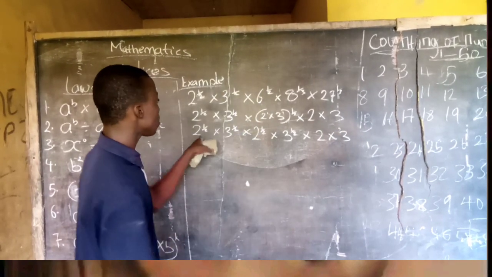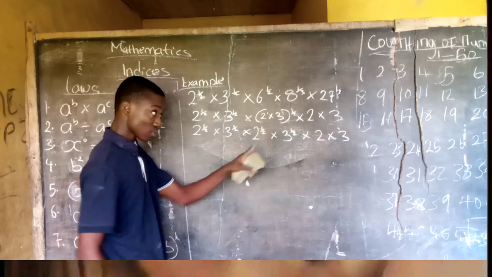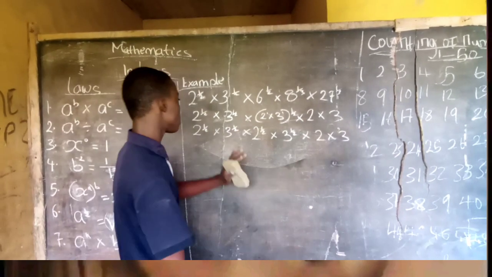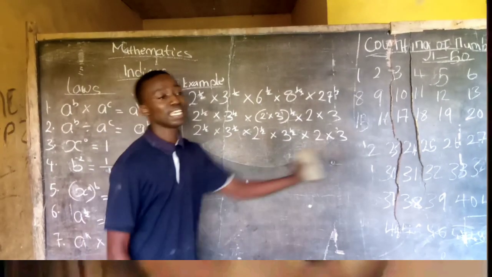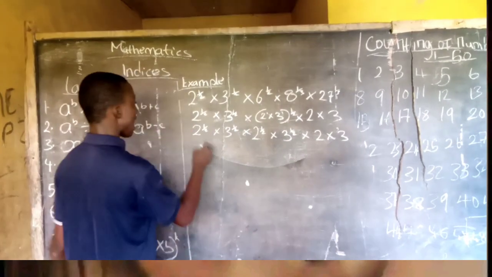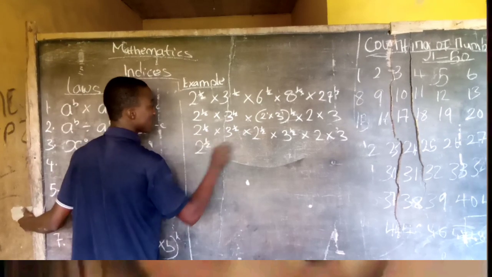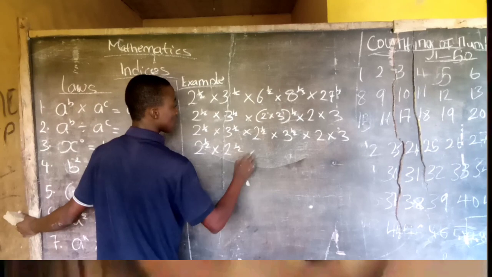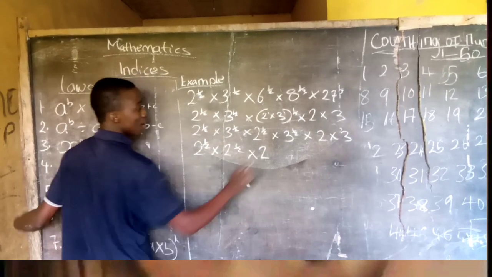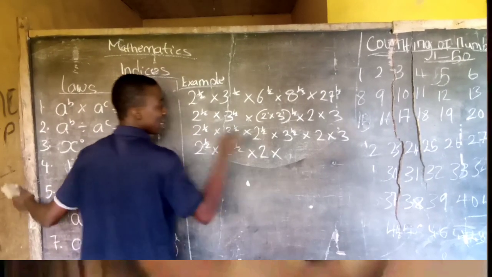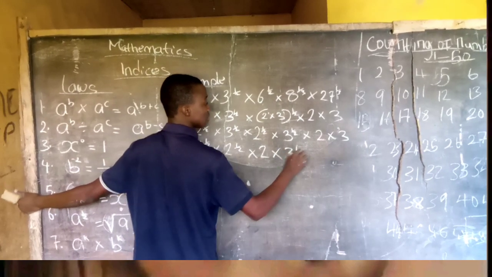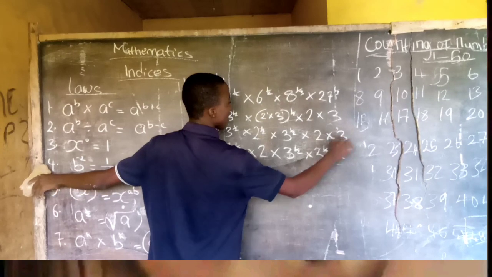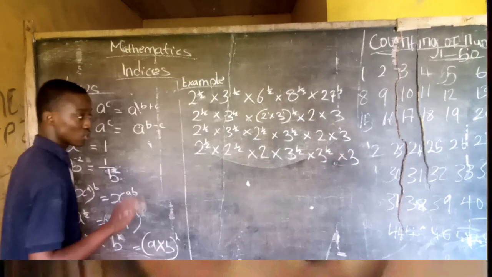Now here becomes what? I can take all this, we call them like terms. All like terms should be on one side for easy identification. Like terms: 2 to the power half, another 2 to the power half, and another 2. They are like terms. Multiply by 3 to the power half, multiply by another 3 to the power half, multiply by another 3, another like terms, alright?